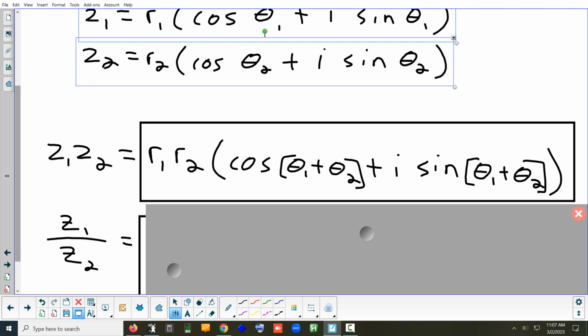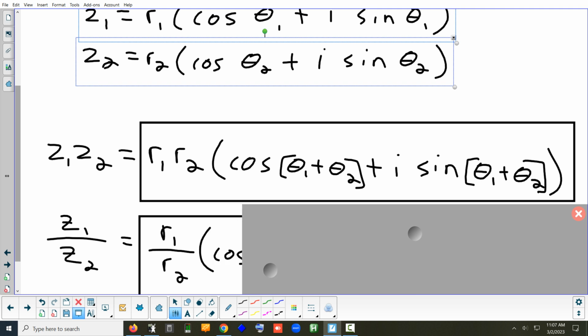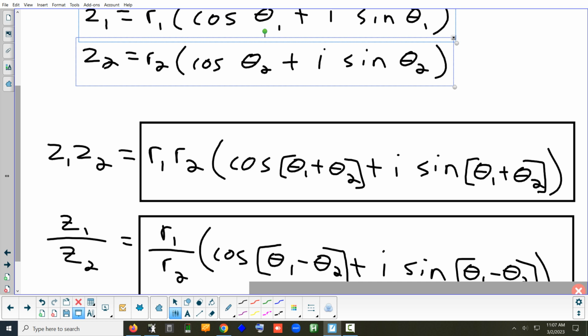Anybody have a guess what we're going to do with R1 and R2 down here? We're going to divide them. Yep. So to divide two complex numbers, your new radius in trig form is the quotient of the original radii. That's how you get that. And how do you think I'm going to get my new angle? I'm going to subtract them.